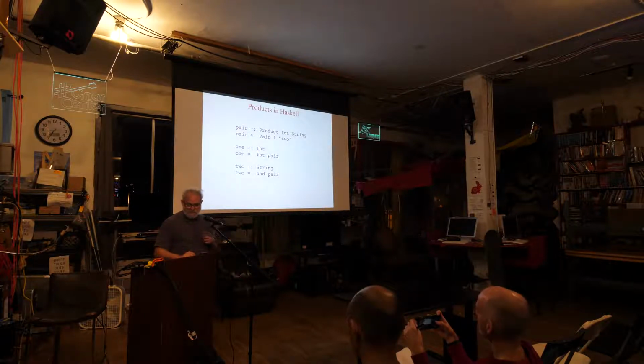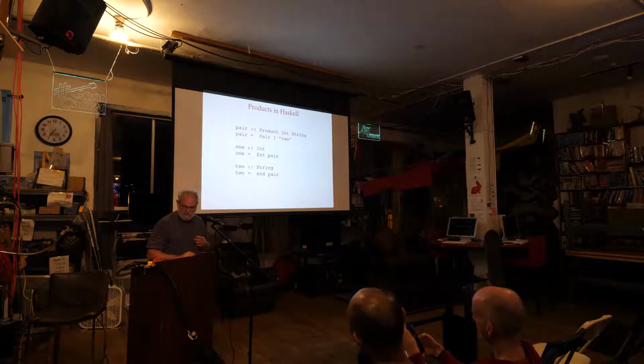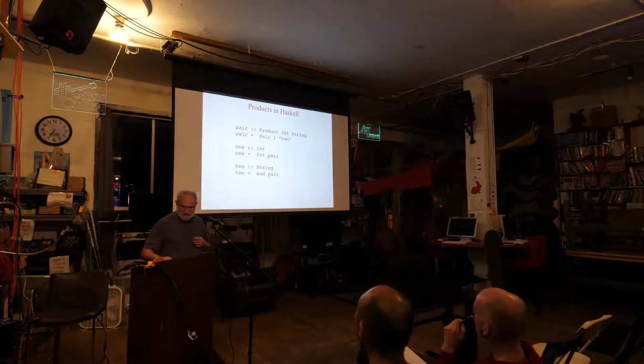And then to do the same thing as before, we do pair of 1 and 2 to build up a pair. And we would just apply first to pair to extract the first component, and second to pair to extract the second component.